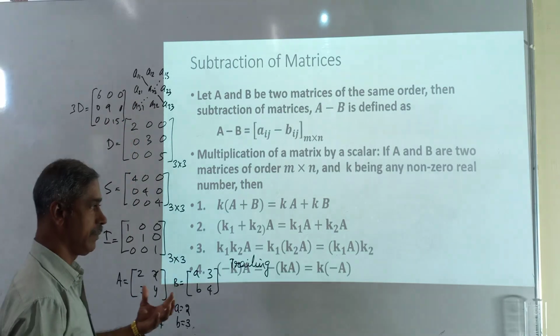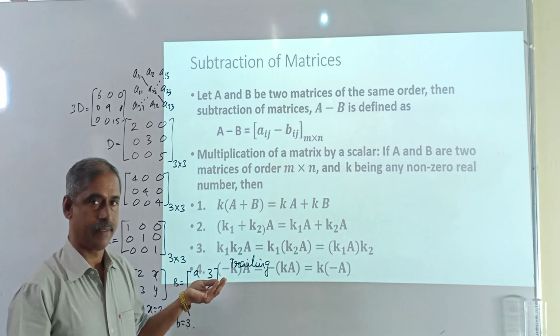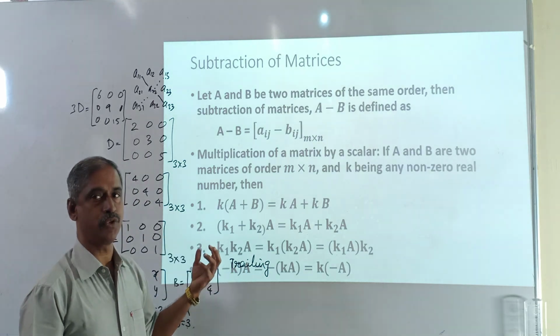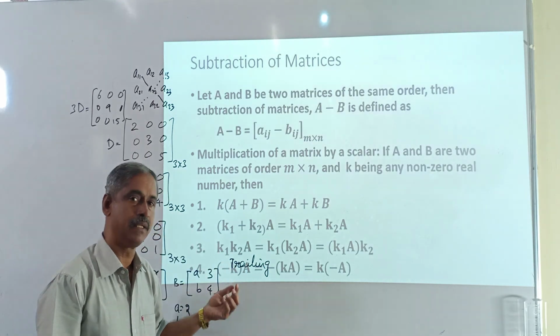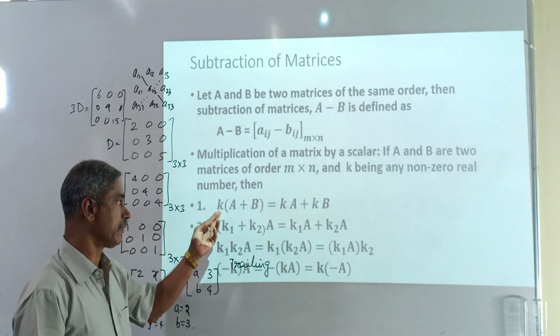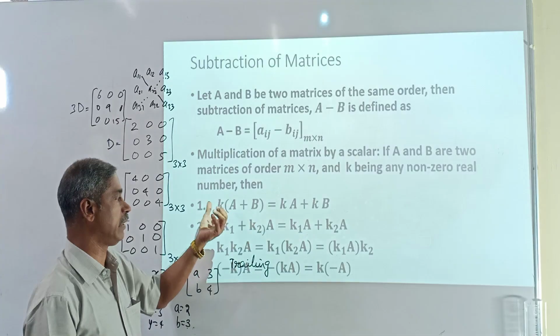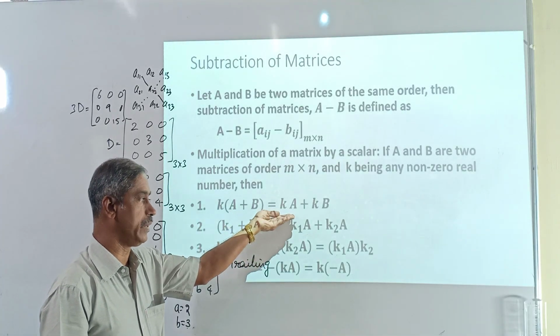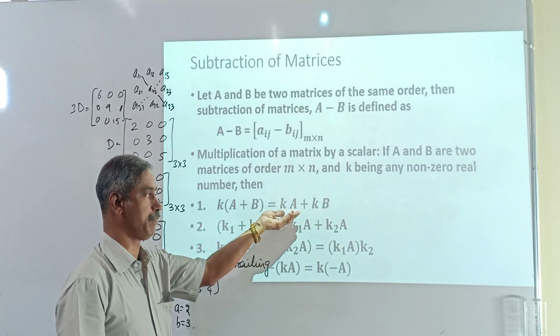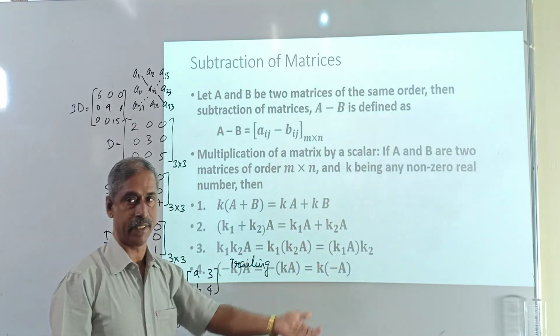So I am establishing a process where each entry is multiplied by that particular non-zero constant. K into A plus B shows that the added matrix A plus B is further multiplied by K, which will always be true.